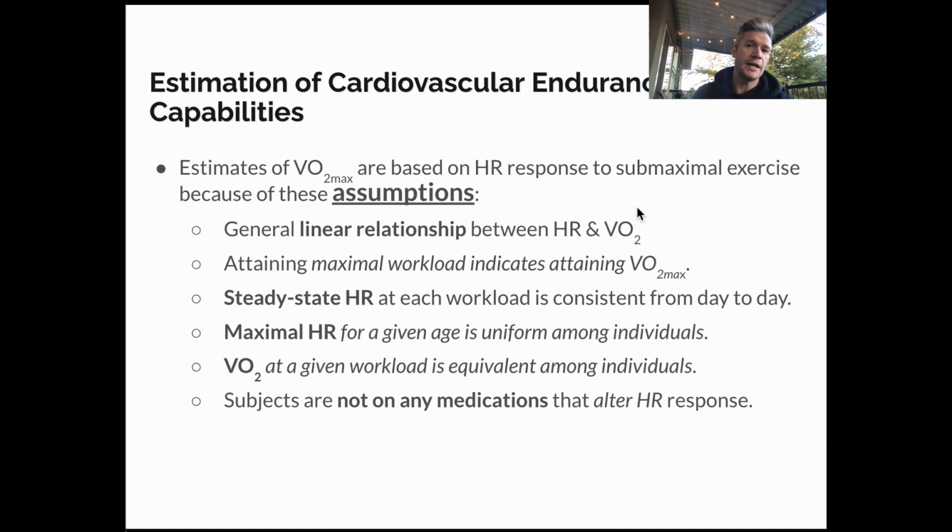If you're on a bike or a spin bike, you're increasing the resistance or the amount of watts or the power output that you are doing. So all of those are ways to increase the workload. So when you reach a maximal there, or head towards a maximal in these submax tests, we have to assume that that will indicate your VO2 max.